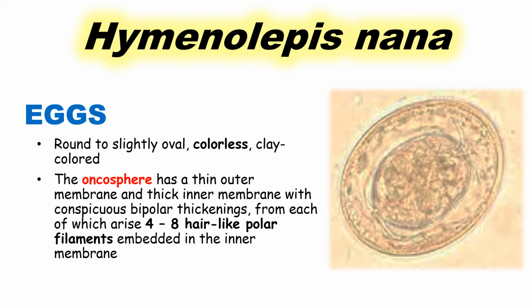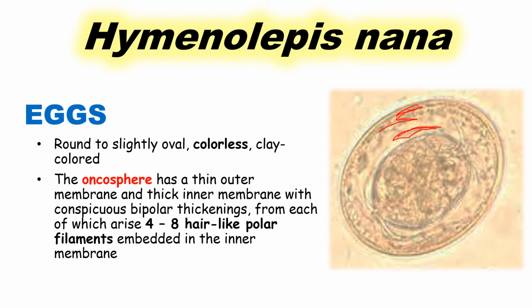So still may oncosphere siya, and it has a thin outer membrane and thick inner membrane, with conspicuous bipolar thickenings. Here is the thin outer membrane, and we have here the thick inner membrane.